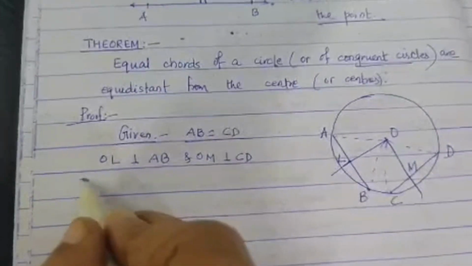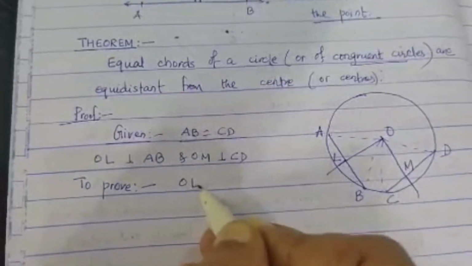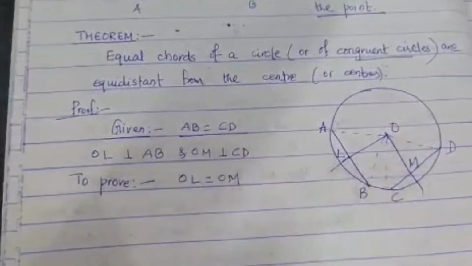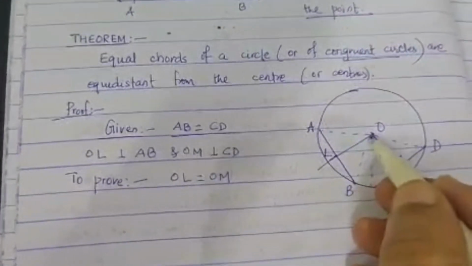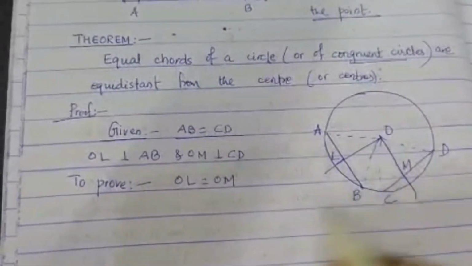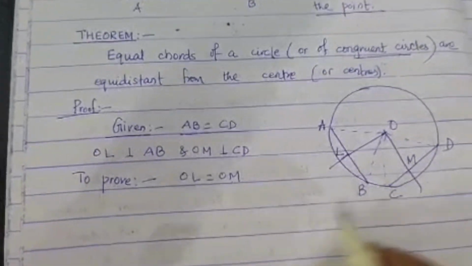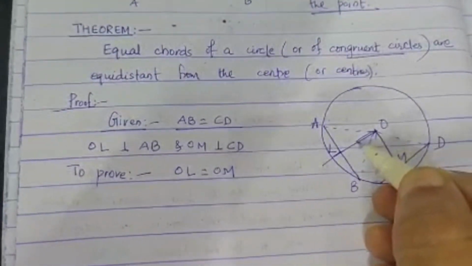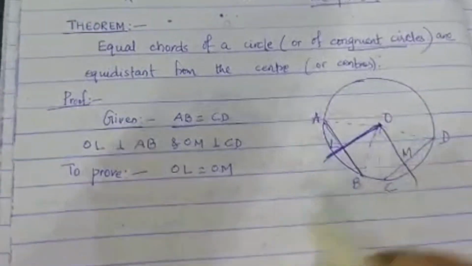Now we have to prove that this length is equal. Which length? OL is equal to OM. Now we have joined these things, OA, OB, OC and OD. Now we know that this perpendicular bisects the chord.